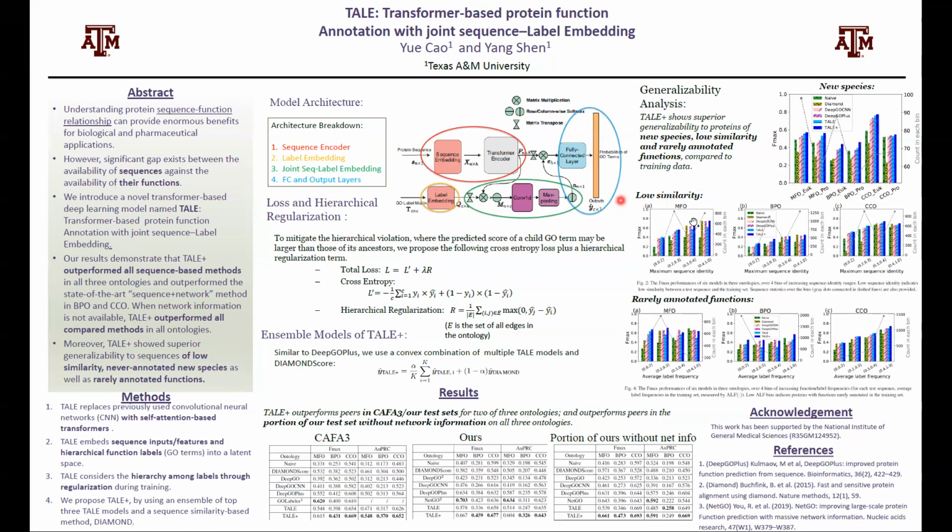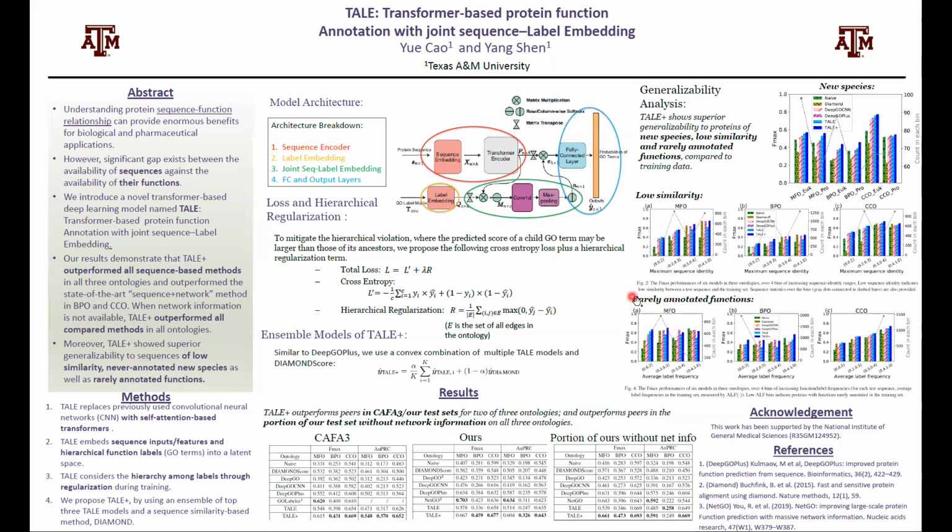Then on the low similarity situation, we calculate the maximum sequence identity of each test sequence against the training set. And we split them based on this MSI into 4 bins. And you can see here, TAIL Plus and TAIL on those low similarity regions have the best performance against all its competitors.